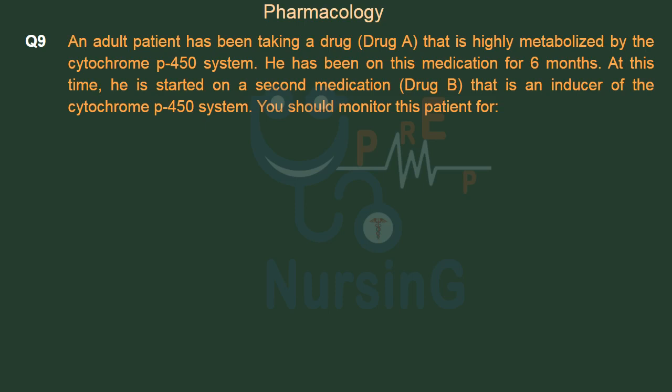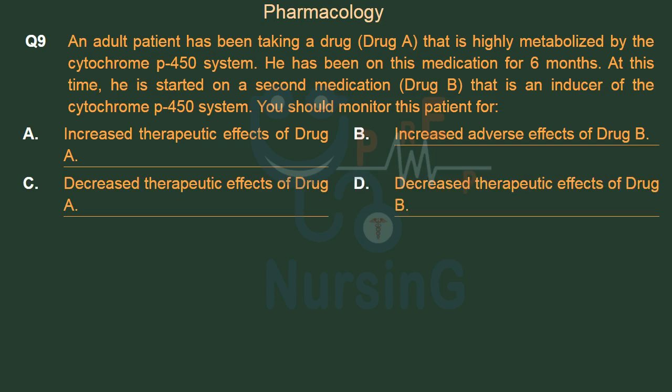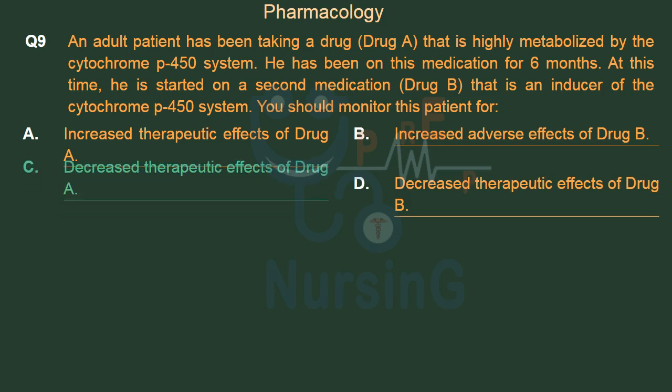You should monitor this patient for Option A. Increased therapeutic effects of drug A. Option B. Increased adverse effects of drug B. Option C. Decreased therapeutic effects of drug A. Option D. Decreased therapeutic effects of drug B. Right answer is Option C.